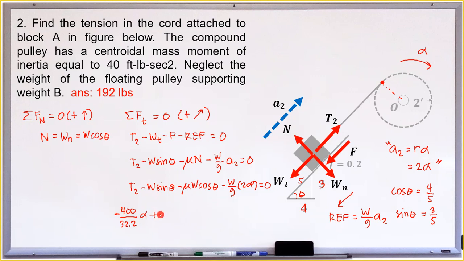We don't have T1, so plus 0 T1. And then we have plus T2, equal to W after I factor out, sine theta plus cosine theta mu.